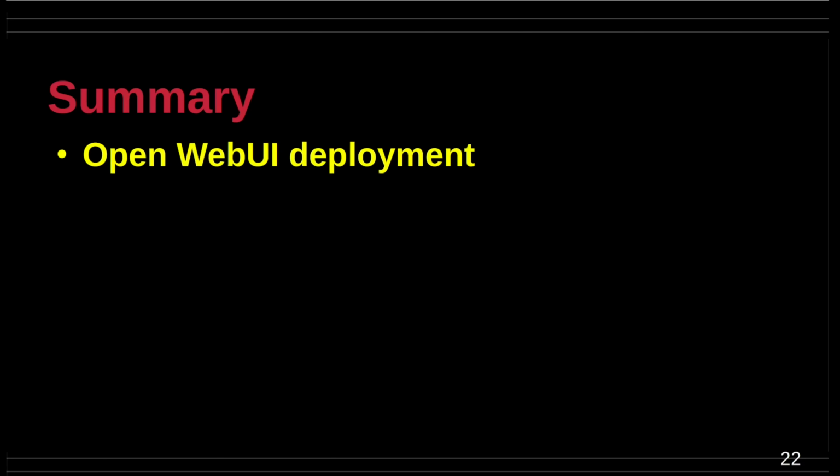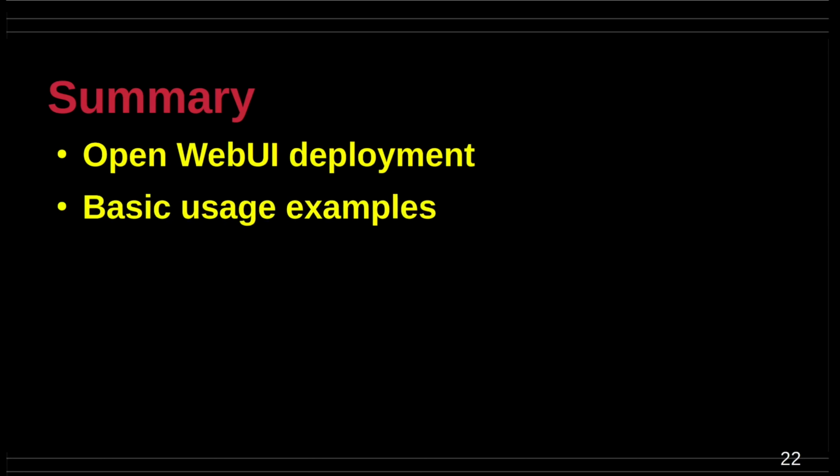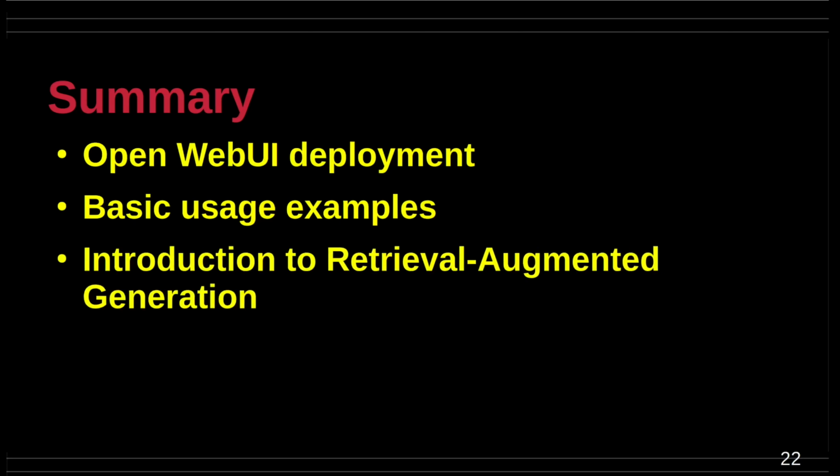This short tutorial demonstrated the installation and use of Open WebUI, performed simple examples to illustrate the key features of the user interface, and introduced Retrieval Augmented Generation, RAG, to improve LLMs by bridging the gap between the vast general knowledge of an LLM and the specific, up-to-date, and authoritative information required for many real-world applications.